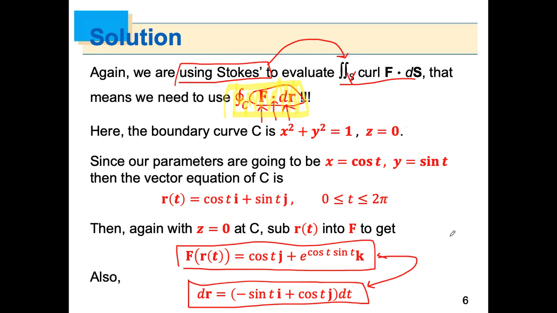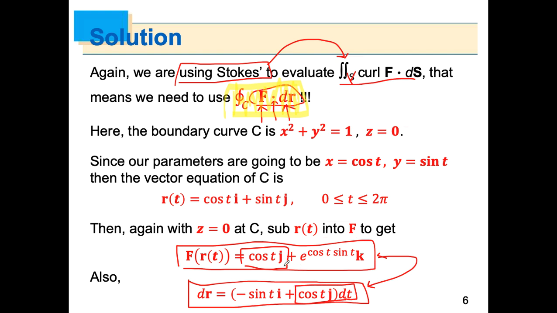Now, if we recall how to dot product things, remember it's the ith term times the ith term plus the jth term times the jth term plus the kth term times the kth term. You'll notice that the only term they have in common is the j term. This has a j term, and this has a j term, along with the dt.